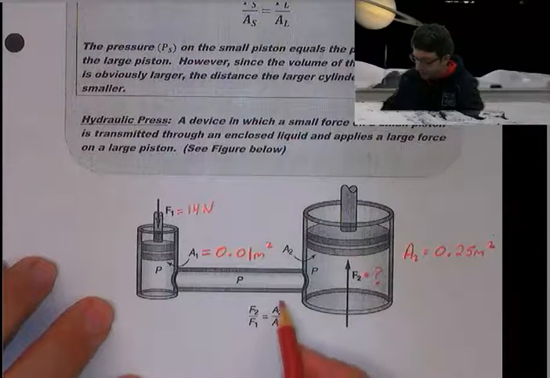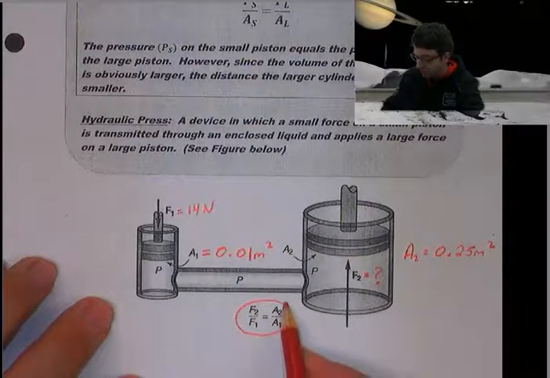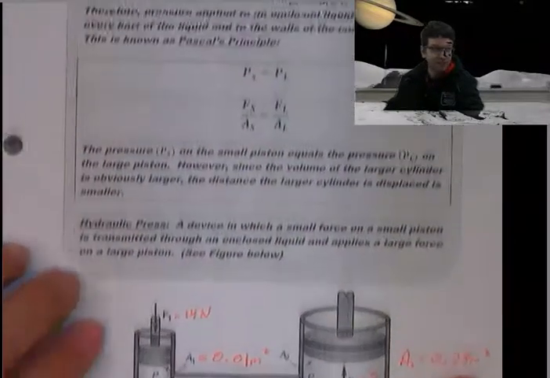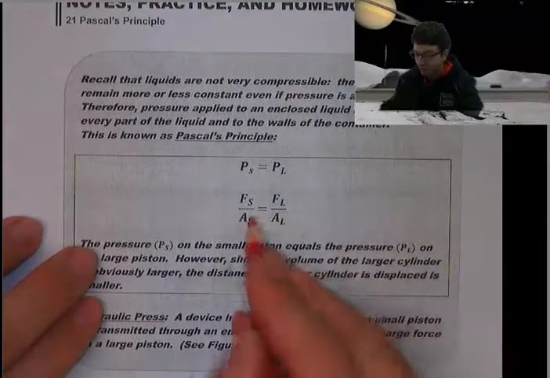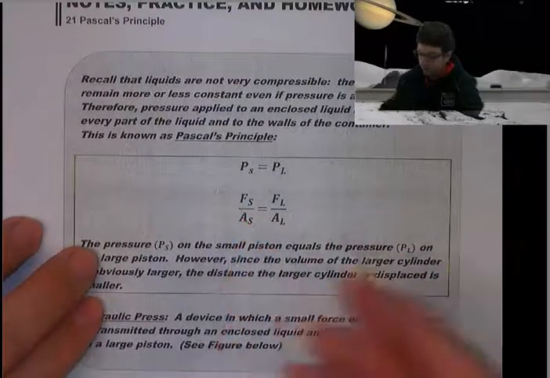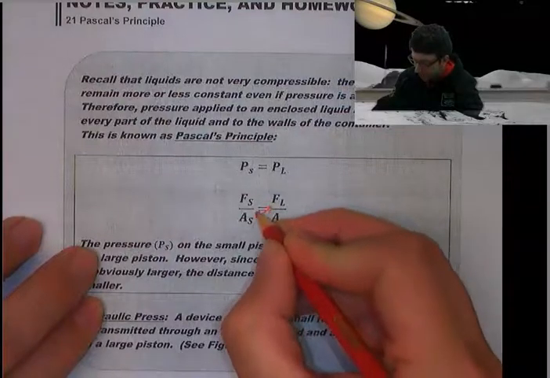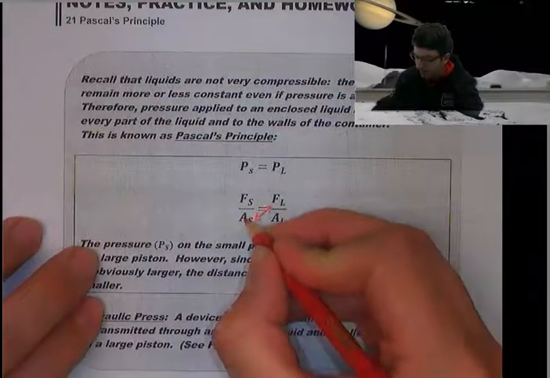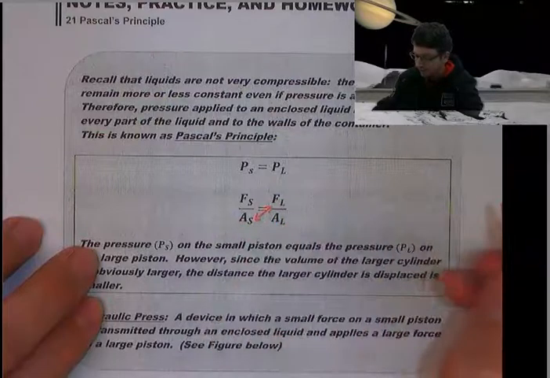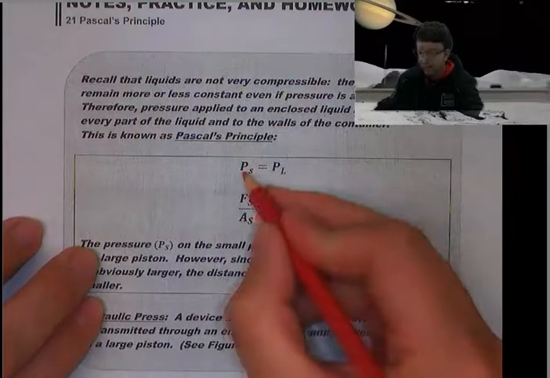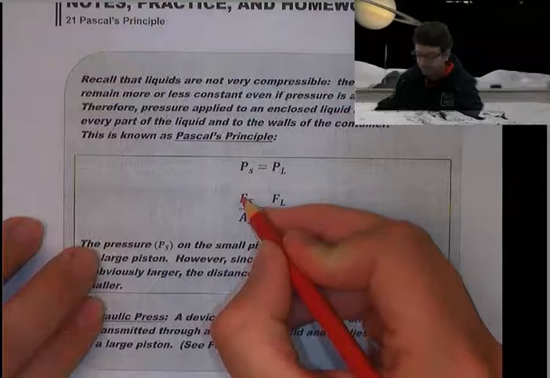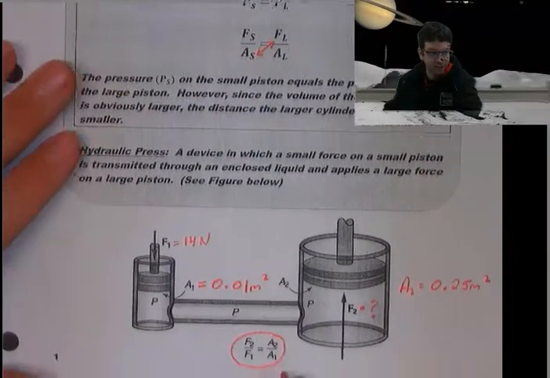So this is the equation we're going to use. It's the same as this equation. We can just rearrange this equation. If you simply cross multiply these, your area will go up here, your force will come down here, and that would be equivalent to what is down here.